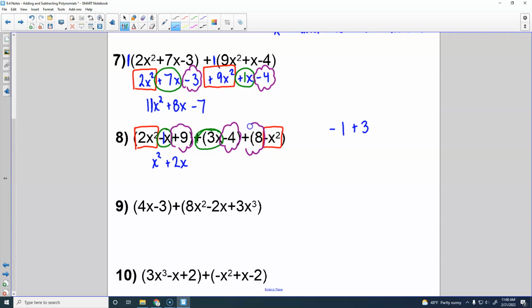The constant terms are the ones without x. So if I put those together, I've got 9, negative 4, and 8. What will I get when I put those together? What do you get when you put the 9 and the negative 4 together?